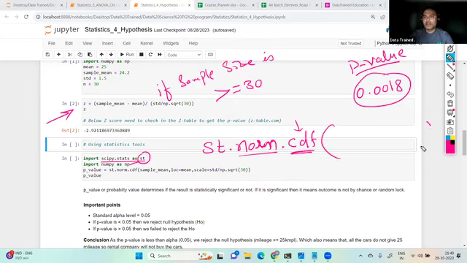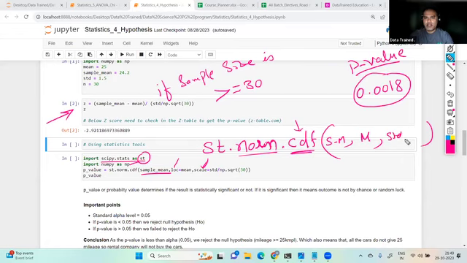What we need to give is the sample mean, that is X bar, the sample mean. Let's write the sample mean only, otherwise you'll get confused. Sample mean, comma, overall mean, population mean, comma, standard deviation. The parameters are location and scale, otherwise you can write it directly.